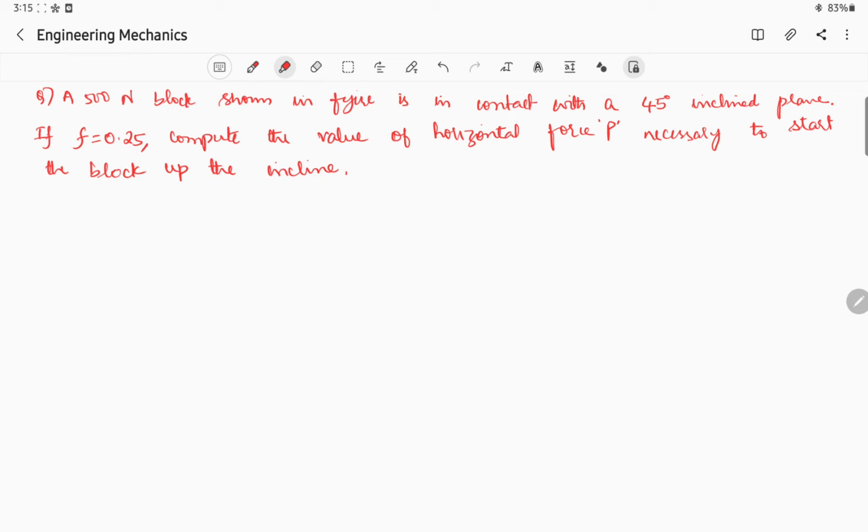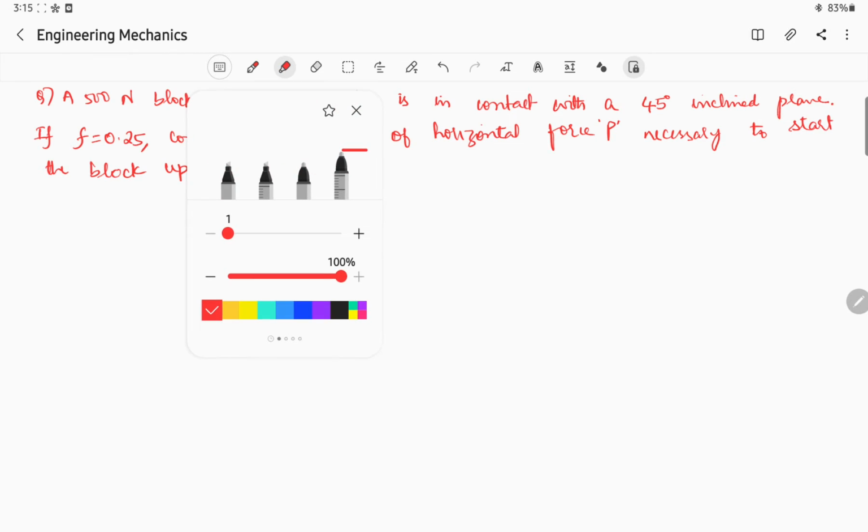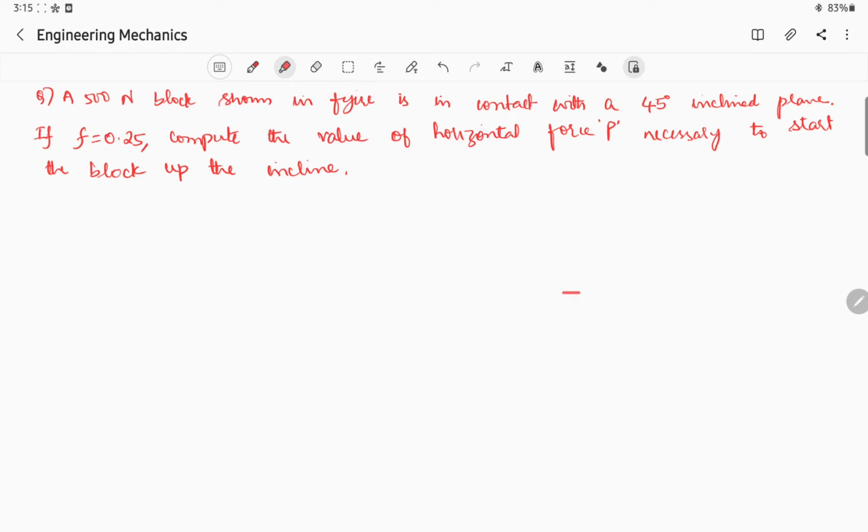Okay, so the figure is given in the question, that is, this is an inclined surface, and the angle is given to us as 45 degrees.